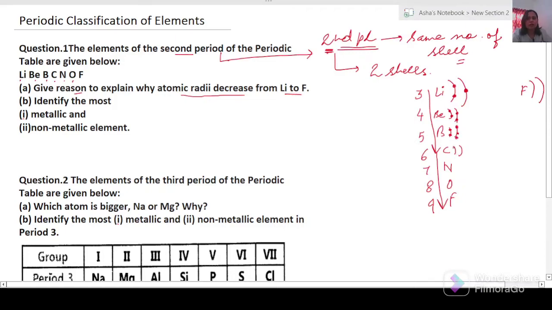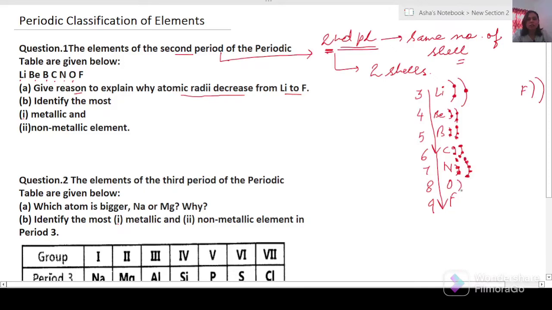Carbon is 6, so 2 in the first shell and 4 in the second shell. Nitrogen: in the first shell obviously 2, and the rest will be distributed, that is 5 in the second shell.